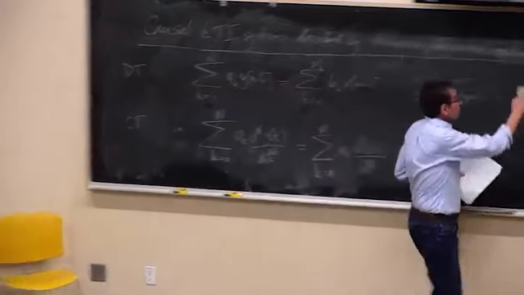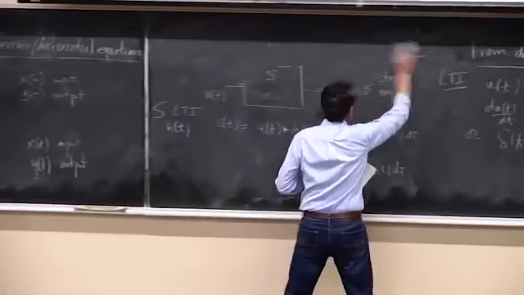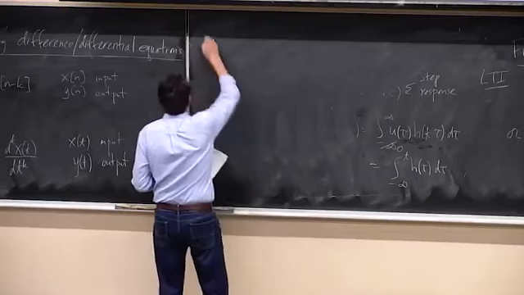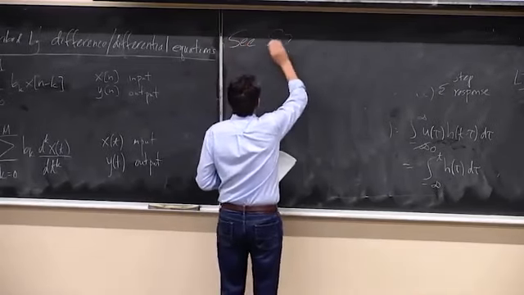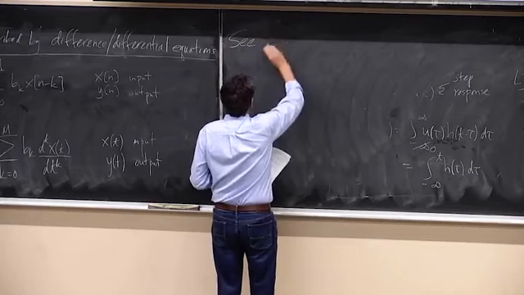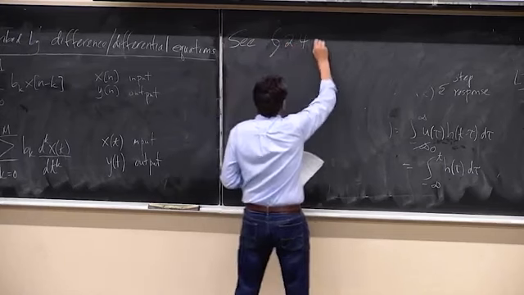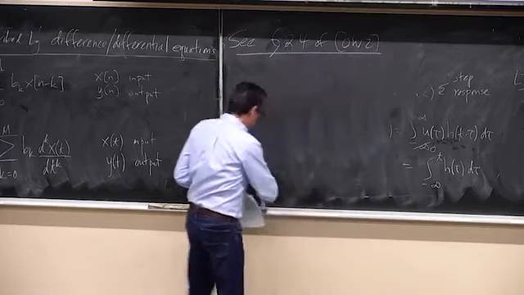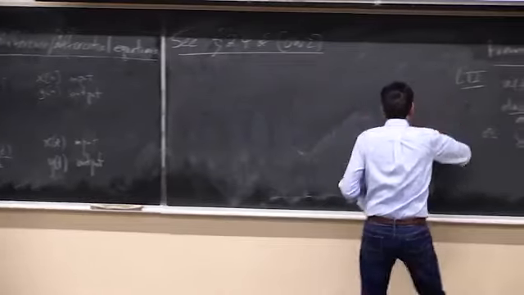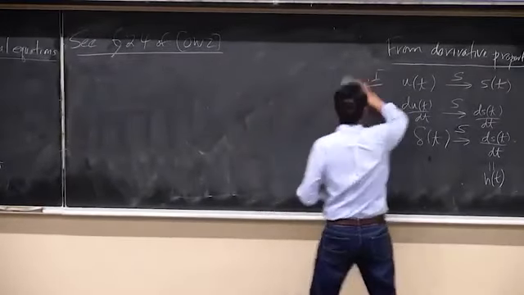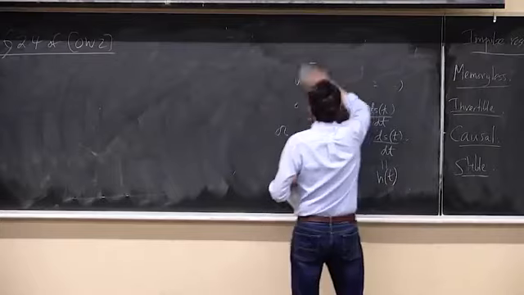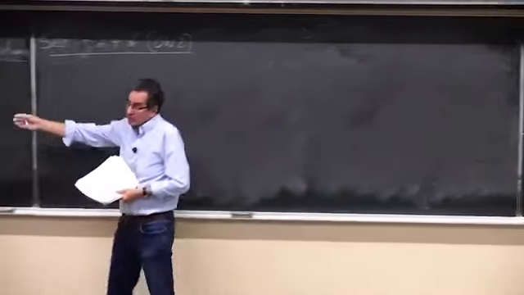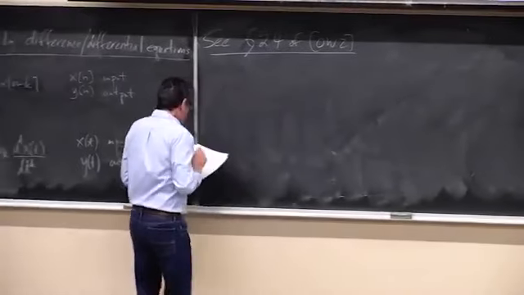So how do you solve these things? We're not going to go into details here. In section 2.4 of the chapter, which you should read, in Oppenheim and Willsky, second edition, they talk about, at least with some simple examples of first order systems, how, if you're given an input, x of n or x of t, you can find the output.